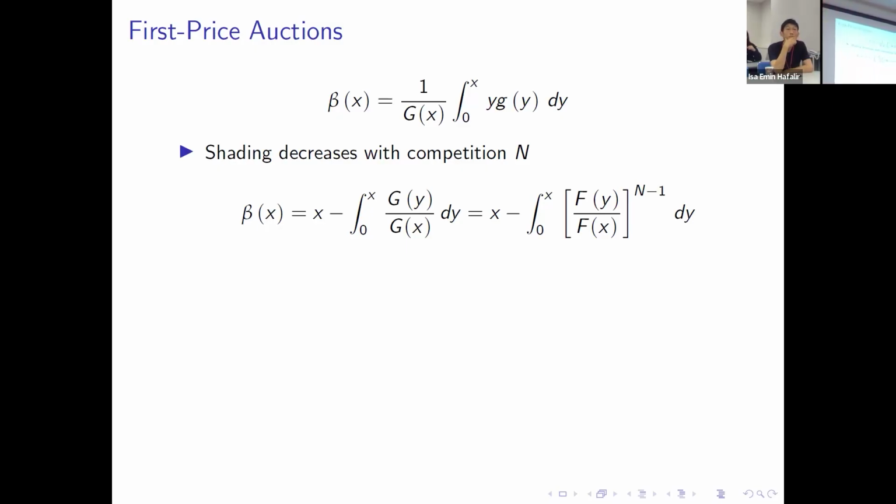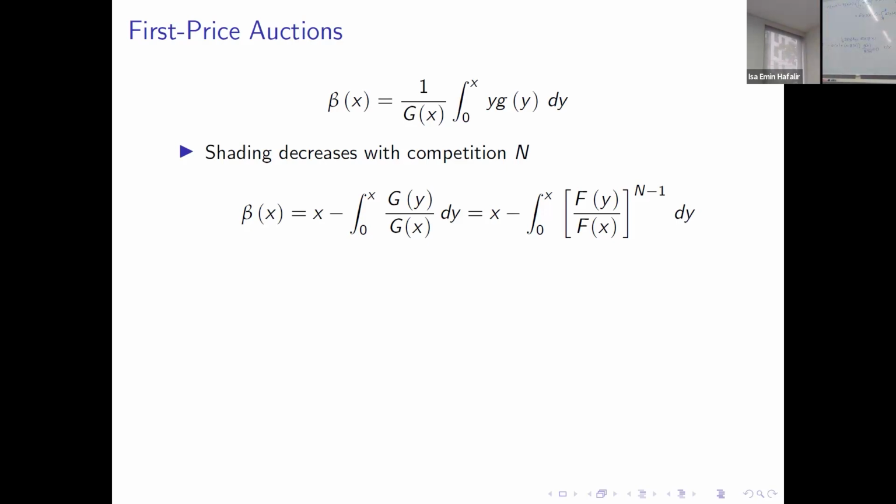And this is another way of seeing something about bid shading, how much I should shade my bid, right? So in a second price auction, truthful bidding is a dominant strategy. In a first price auction, truthful bidding is a terrible idea, right? You will get zero payoff. So you need to bid lower than your value, but how much lower will depend on the competition. And this is a very good way of seeing that as the competition gets higher, you will shade your bid less and less.